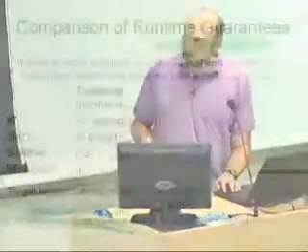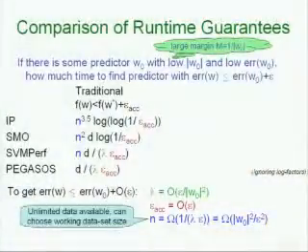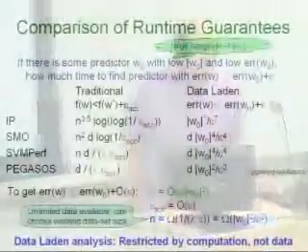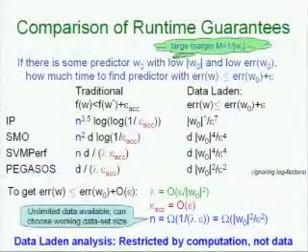So what we can do with this now is go back to our traditional runtime analysis, which was in terms of the data set size, the optimization accuracy and lambda, and plug in these requirements on lambda, the optimization accuracy, and the dataset size. And when we do that, we get a runtime analysis which is now in terms of the norm of W squared, which you can think of as 1 over the margin.